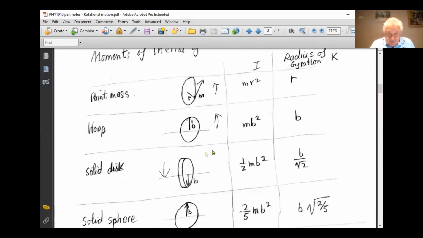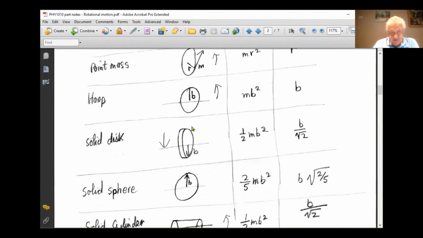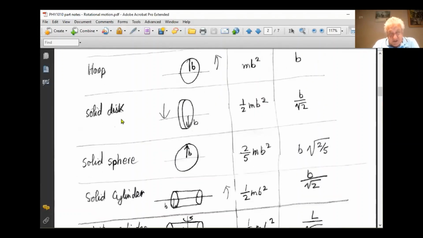When I come to a hoop, the moment of inertia is given by mb squared, but again for a hoop, b is the radius. The radius of gyration is equal to the radius. So for these two cases, the radius of gyration is just the radius of the circular movement. Now when I come to a solid disk, my moment of inertia is a half mb squared.